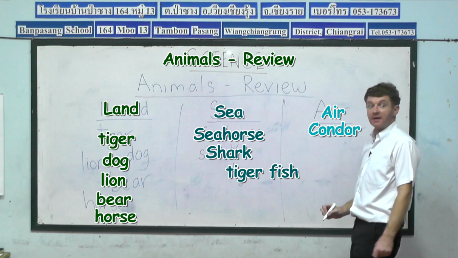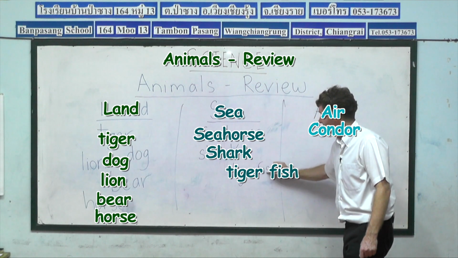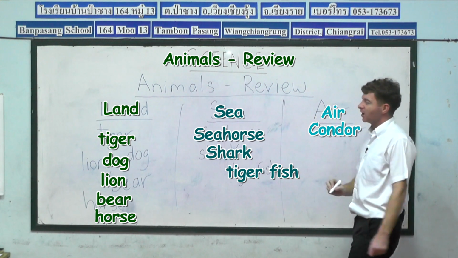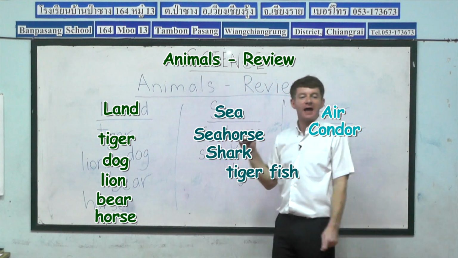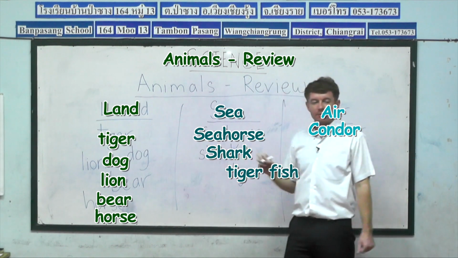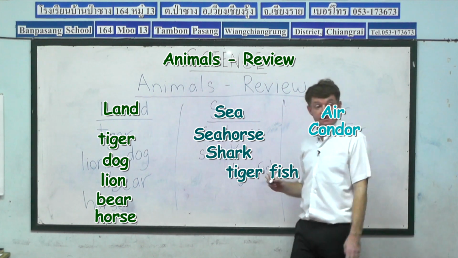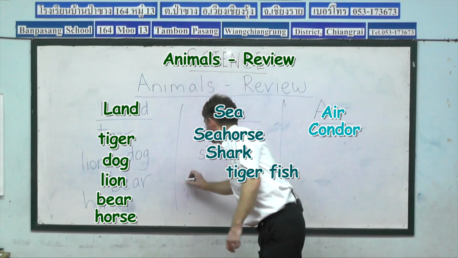T-I-G-E-R. And then fish. F-I-S-H. Crocodile is more of a land animal. Again, a snake, more of a land animal, really. Thinking about animals, dolphin, yes, definitely a dolphin.